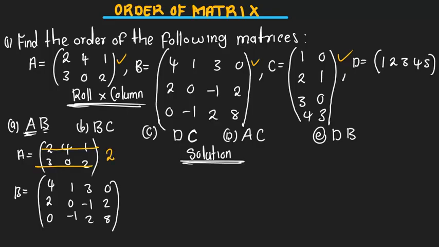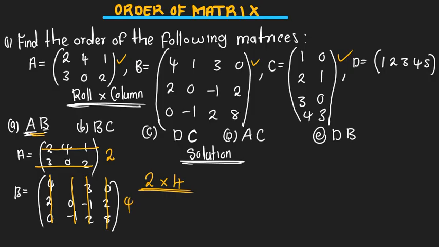So 2 rows. How many columns? 1, 2, 3, 4. So when we multiply AB, we should get a matrix of this order, a 2 by 4 matrix.